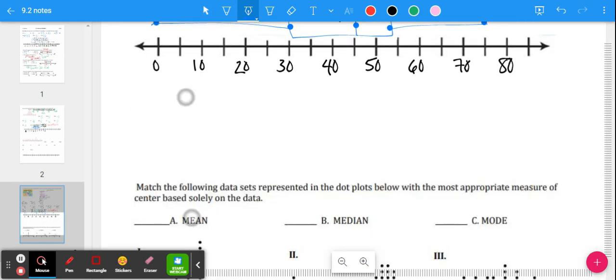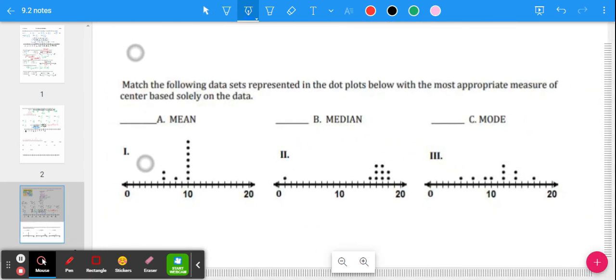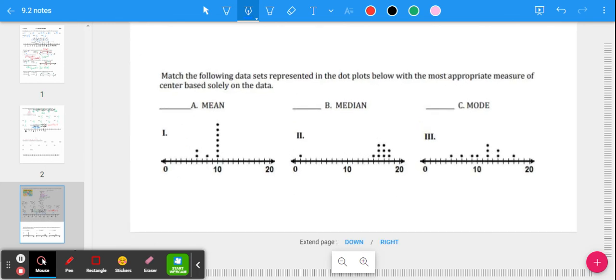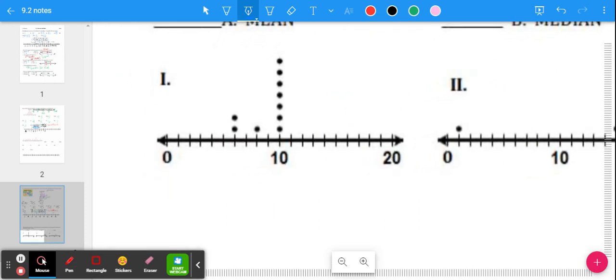And jumping down to the last little bit. It says match the following data sets represented in the dot plots with the most appropriate measure of center based solely on the data. So in the first one, the first thing I notice is that most of the numbers in the set of data are 10. So that means that the mode is going to be the best measure of center.